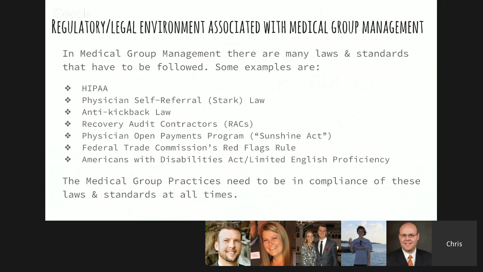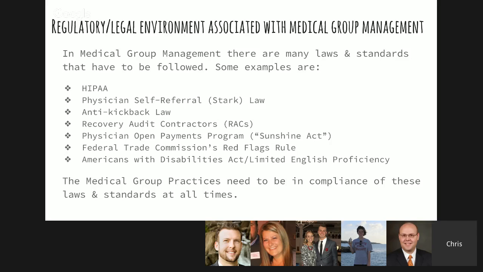Anti-kickback prohibits the negotiations, exchanges, or bribery in healthcare. And then these are a few new ones. RACs, they aim to identify and correct improper payment or reimbursement from Medicare.